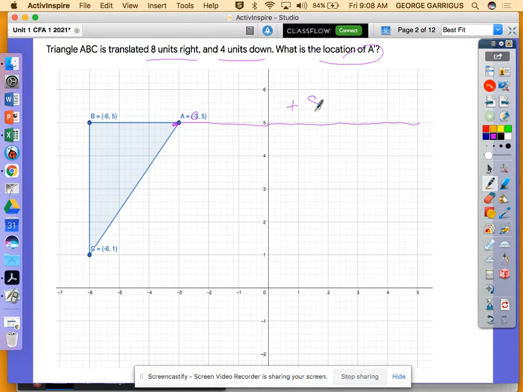That'd be your +8, because we wanted to go 8 to the right, and that affects the x coordinate. And then we want to go from that point 4 down: 1, 2, 3, 4, and that's where your A prime is located, -4, because that's how your y's are affected, and you're going down. So what is the location of this point?